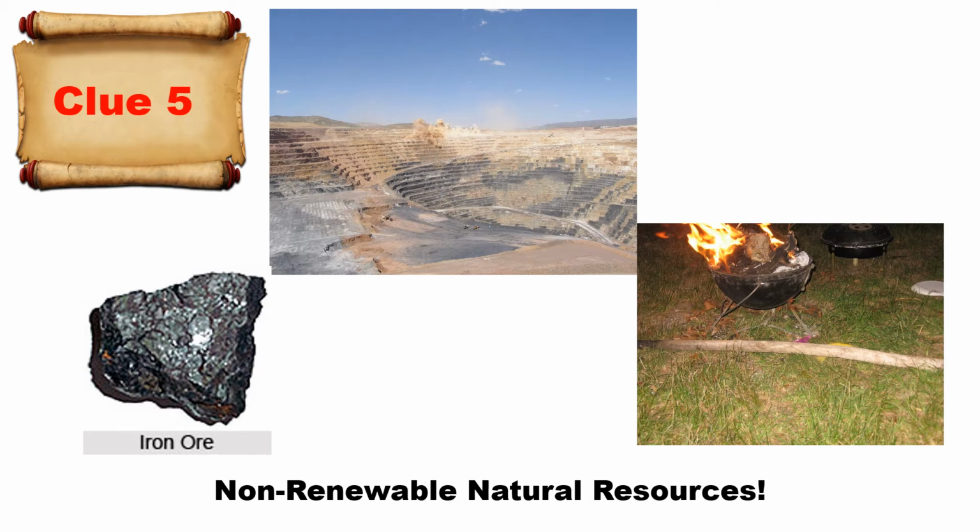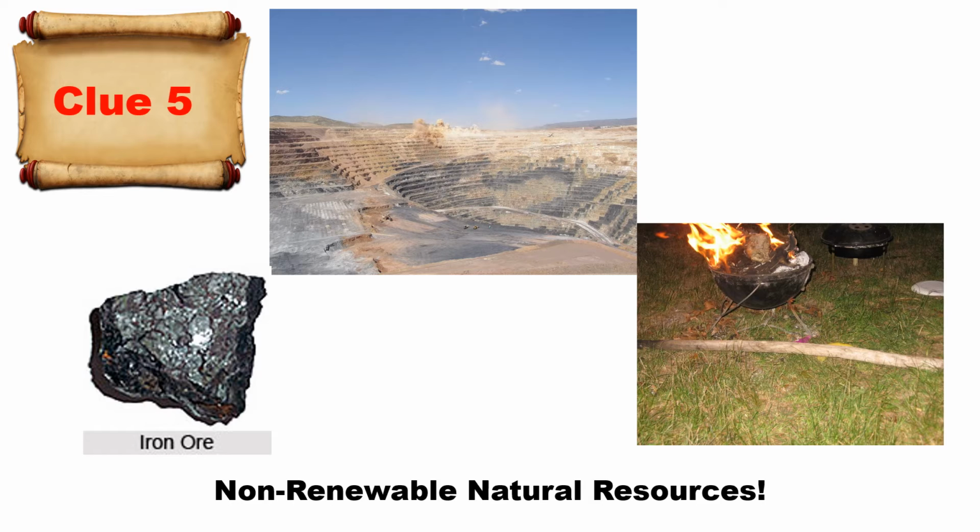Clue number 5 tells us that non-renewable natural resources regenerate slowly or never regenerate. Non-renewable natural resources can run out if they are used too quickly. Two major types of non-renewable natural resources are metals and fossil fuels.